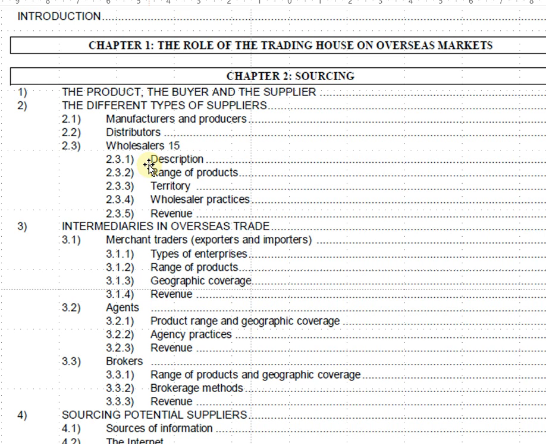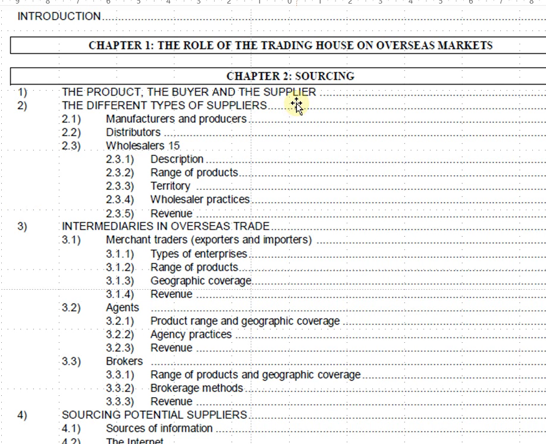Also in Chapter 2, the sourcing, we will learn about sourcing potential suppliers, which is composed of sources of information and the internet. This is the source of traders. The source of traders is composed of several parties, as I scanned before.